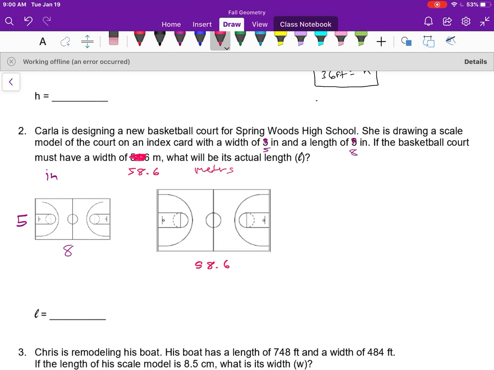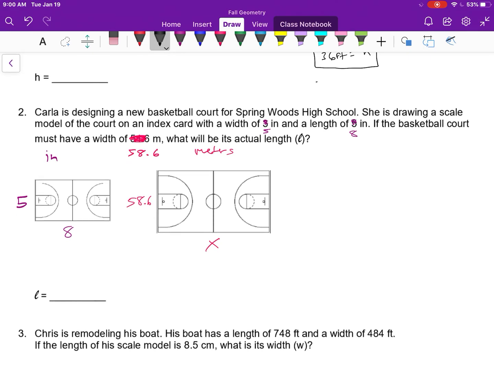That's 58.6, and this is going to be my X from here. Now we want to set this up. We have width and then length, and then we have the index card and the actual court.